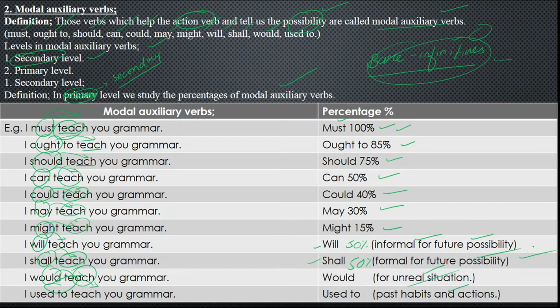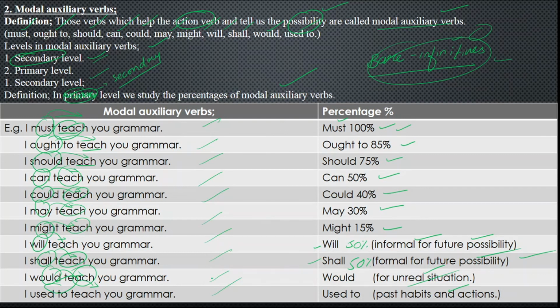So modal auxiliary verbs are those verbs which help the action verb and tell us the possibility. They have got two levels, secondary level and primary level. In secondary level, we talk about the percentage, and in primary level, we will be talking about the usages of modal auxiliary verbs. Must has got different usages, ought to has got different usages, and their usages we will be learning one by one in primary level.